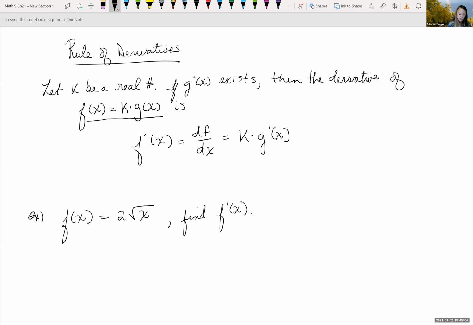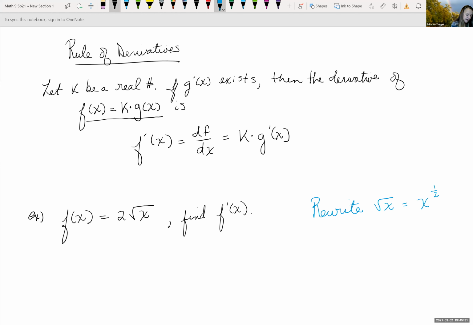So first thing that we want to do is rewrite the square root of x so that it has an exponent. If you have a radical and the index is not shown, it's a 2, it's a square root. So recall, square root of x is x raised to the 1/2 power.